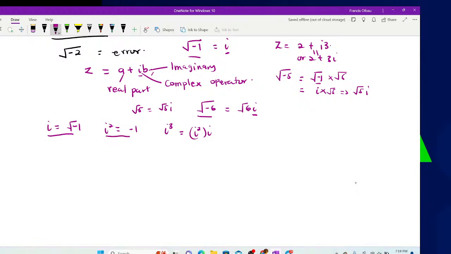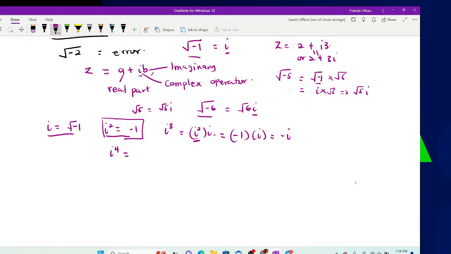So we use this as a fundamental to express any power of i for simpler expression. So i cubed, I break it down to i squared times i. This is equal to -1 multiplying i, which is -i, right?